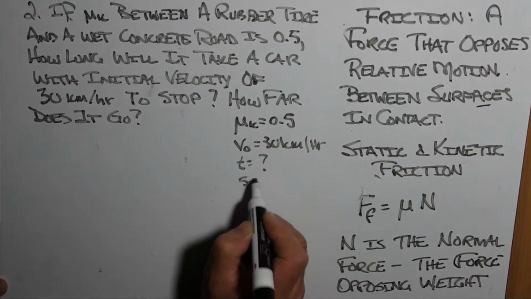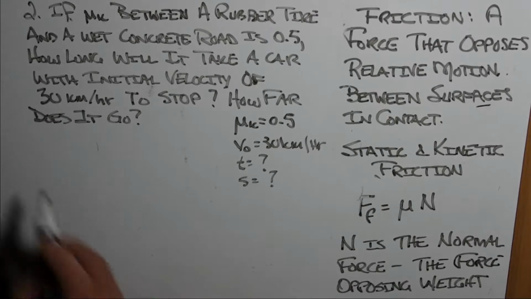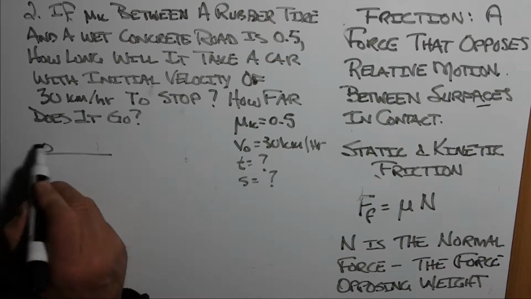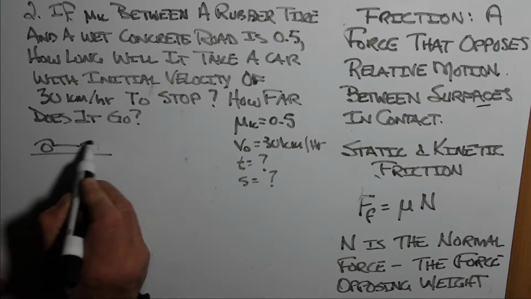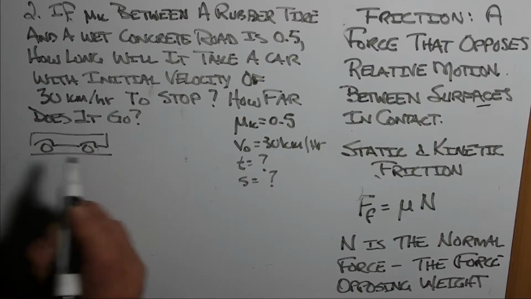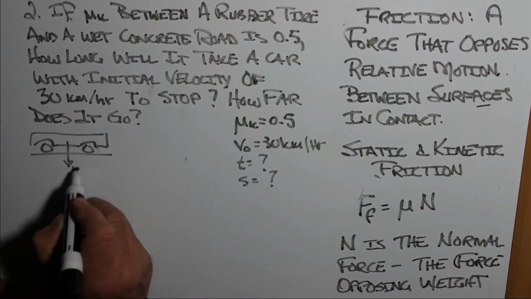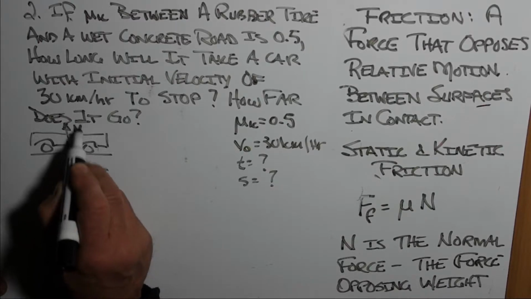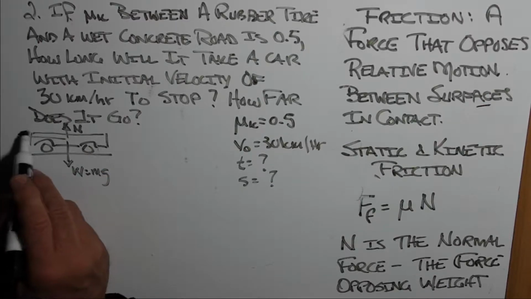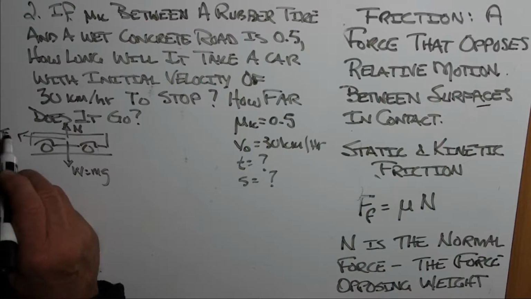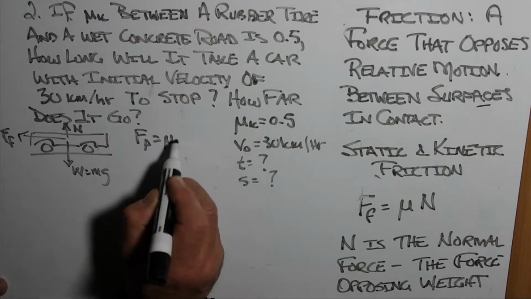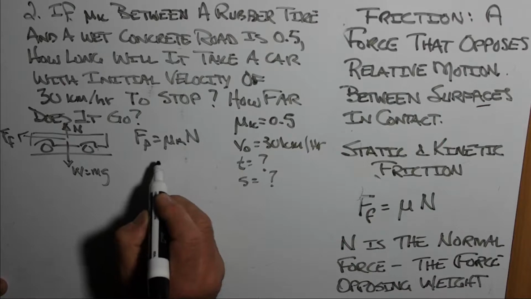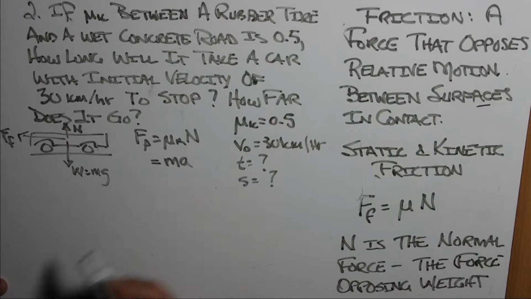And I recall from the last problem, we had a relationship between deceleration and the gravitational constant, and I know that there are relationships between acceleration, velocity, and time, and so I'm going to look for the acceleration, use the v sub 0 given, and come up with the time, and from that I can get a distance. Drawing the picture, the car with the weight and the opposing normal force, the frictional force that's retarding it.